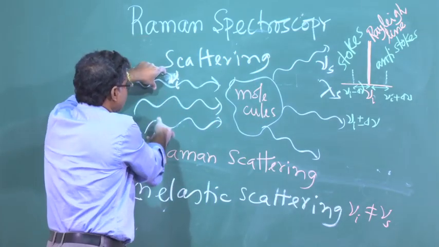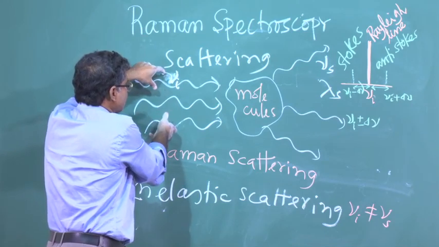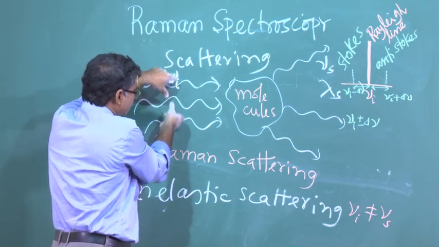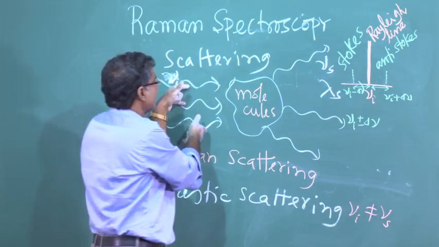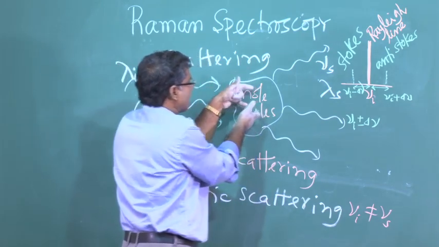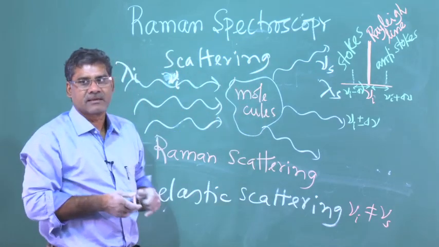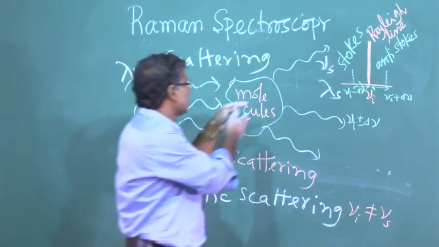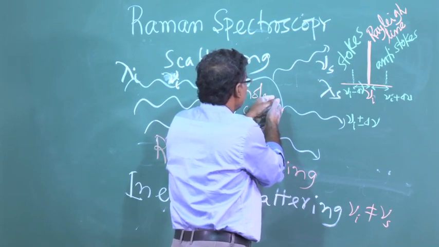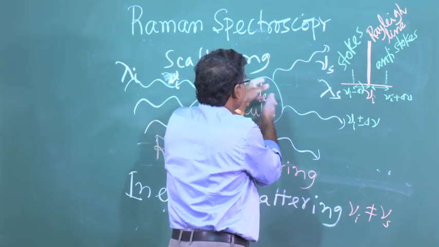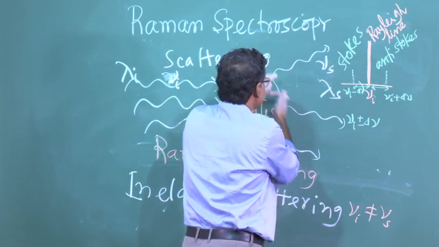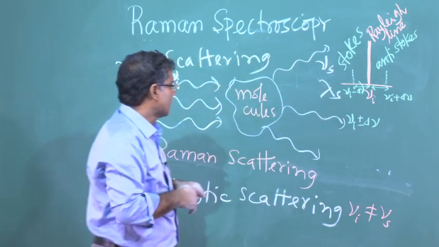Here, in this case, the geometry is the incident light, focused light, or nowadays laser light, which falls on your sample. The sample is simply molecules. The incident light will be scattered from these molecules.